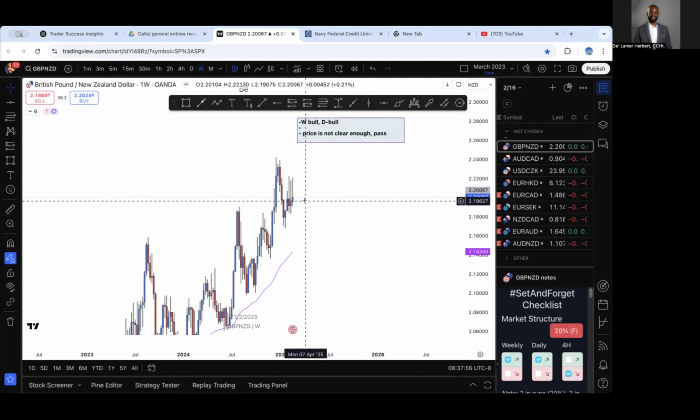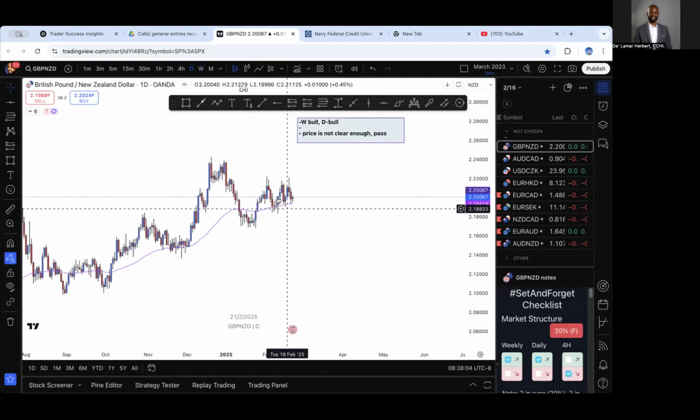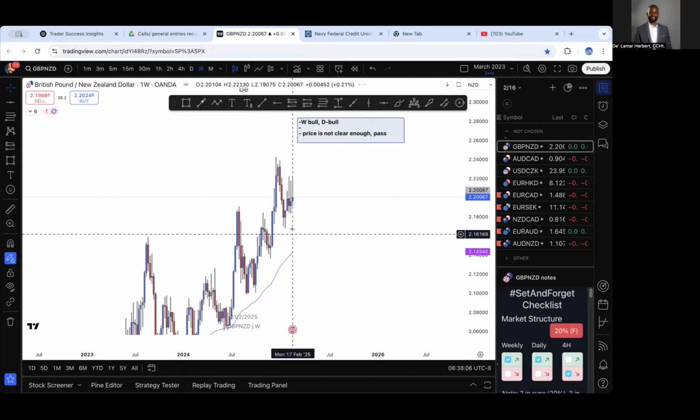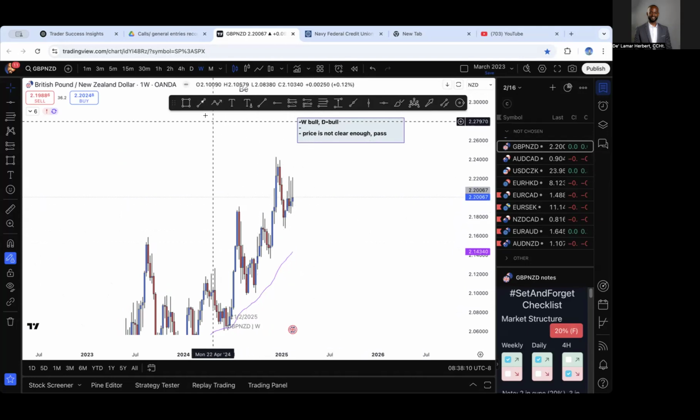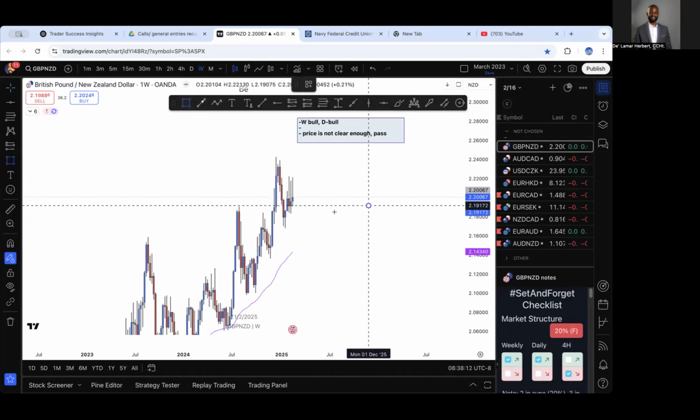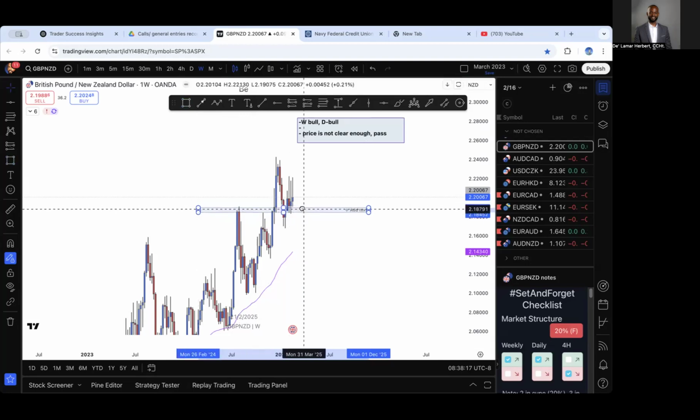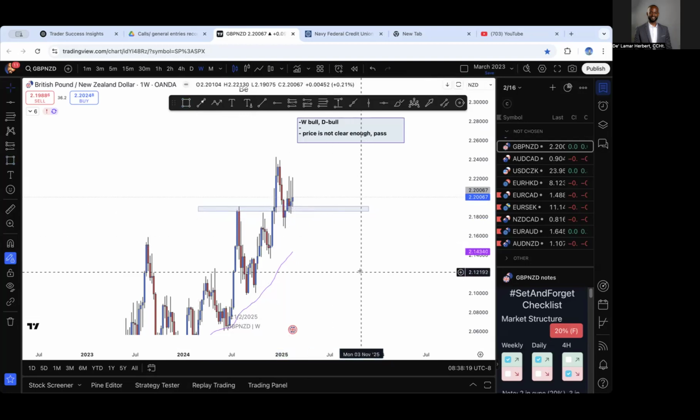Do I think it can come down within a week or a day? Sure, it could come down. It could definitely hit this. Looks like this is coming up to an area of interest right around here. All right, that could be an area of interest right around there.